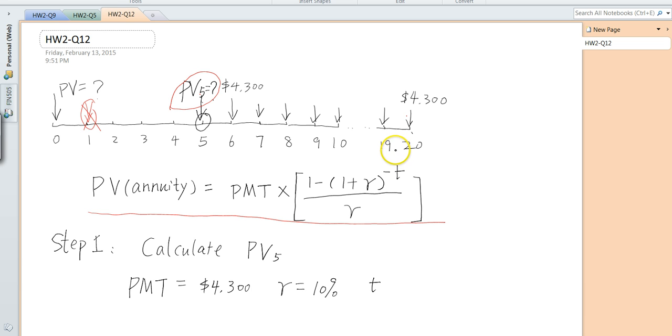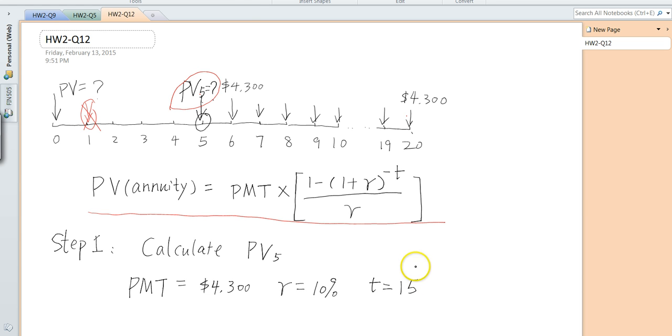But what we need here is the number of payments. So that also requires the starting year, which is year 6. So you need to add 14 by 1 to get the number of payments, which is 15 here. So T here should be 15 rather than 14.